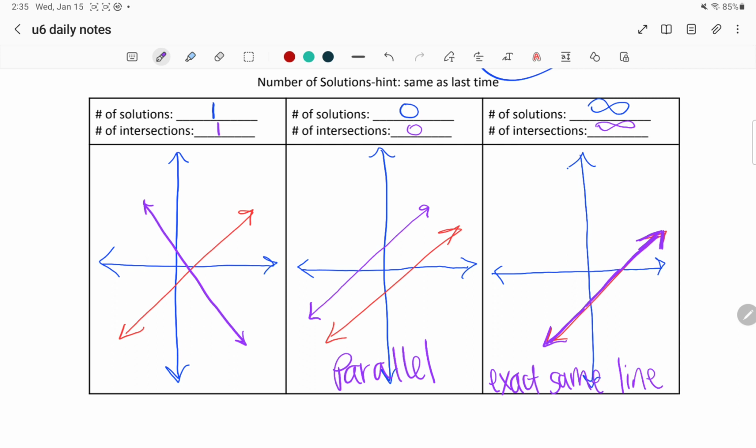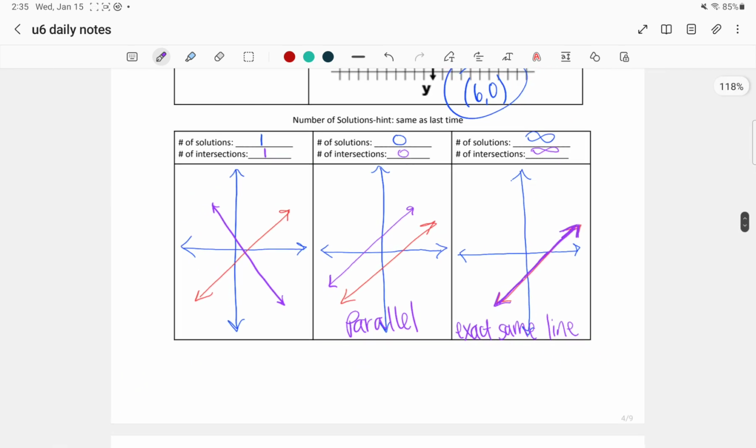From the slope to the y-intercept to the x-intercept, everything is the same. They are the exact same. They line up right on top of each other. Okay, so like I said, we'll hit that harder in 6.4, but that is just the last for today.